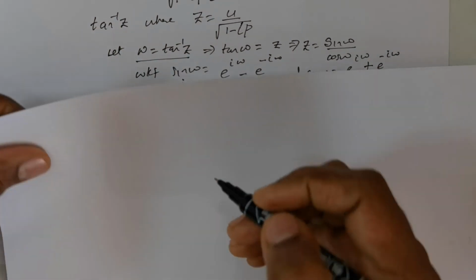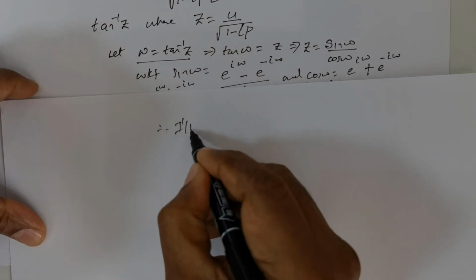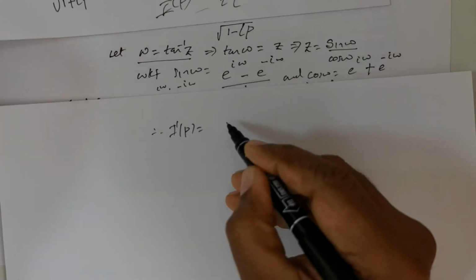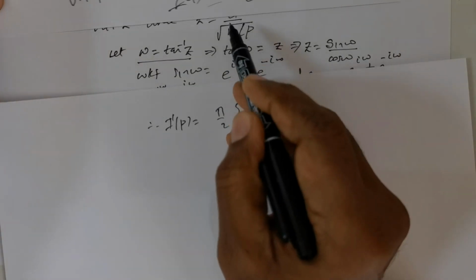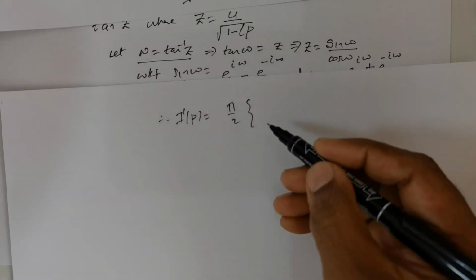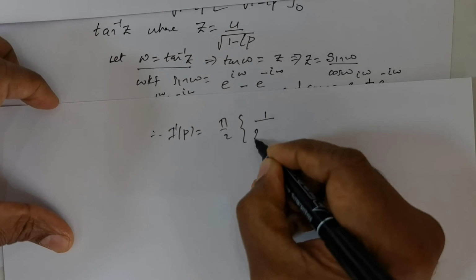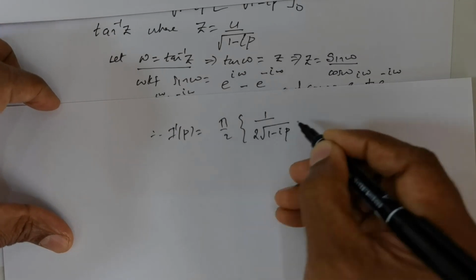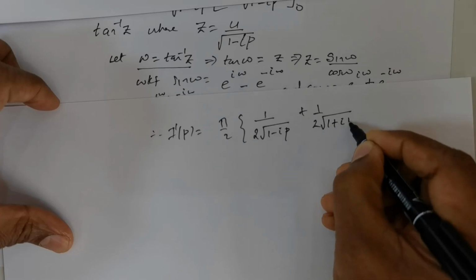Therefore we have I dash of p is equal to, as I mentioned to you, I'm going to move this pi over 2 outside and bring this 1 over 2 inside. If I were to do that, this is going to be 1 over 2 times the root of 1 negative i times p plus 1 over 2 times the root of 1 positive i times p.